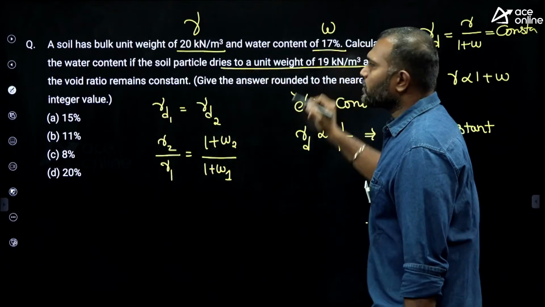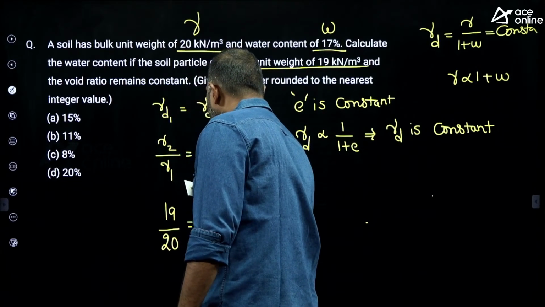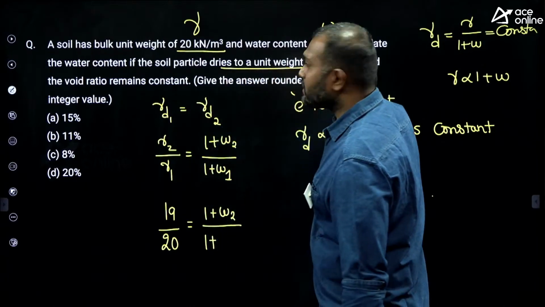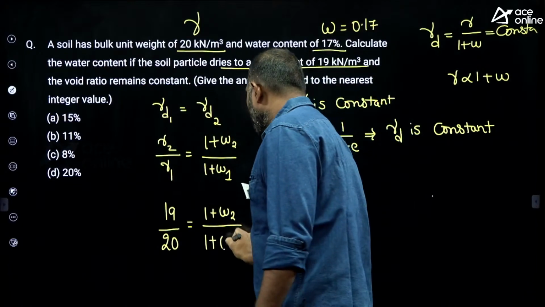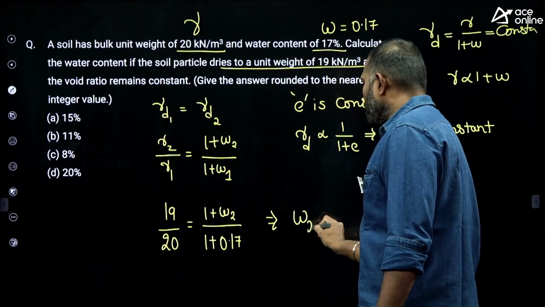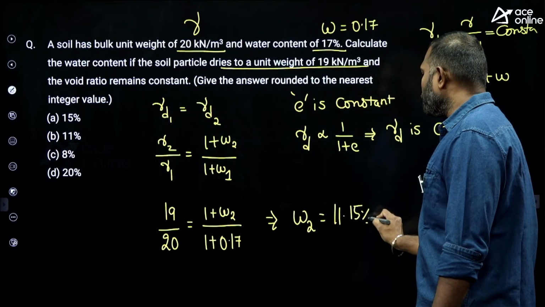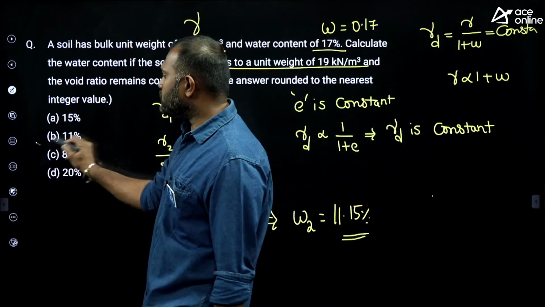So gamma 2 is how much? 19. 19 by 20 is equal to 1 plus W2 by 1 plus W1, which is 17%. In terms of decimal, 0.17. If you solve this, you will get W2 as 11.15%. 11.15%, so the correct answer is option B.